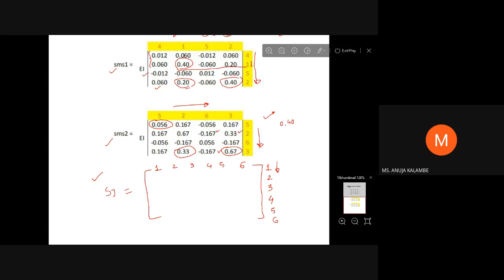No combination. It has 5, 2, 6, 3 and 5, 2, 6, 3, so there is no value of 1 to 1. So 1 to 1 is 0 there. The value is only in SMS1: 1 to 1 is 0.40. You can see my cursor where I have circled 0.40. That will be the value of 1 to 1.